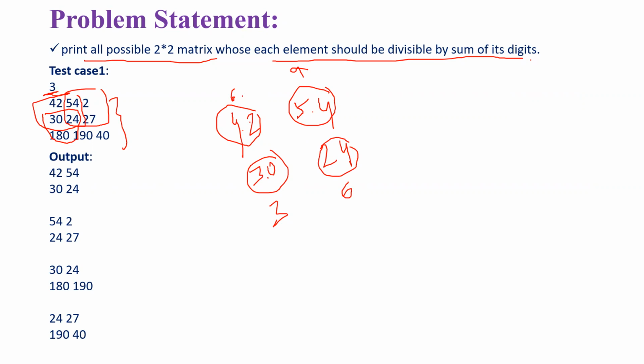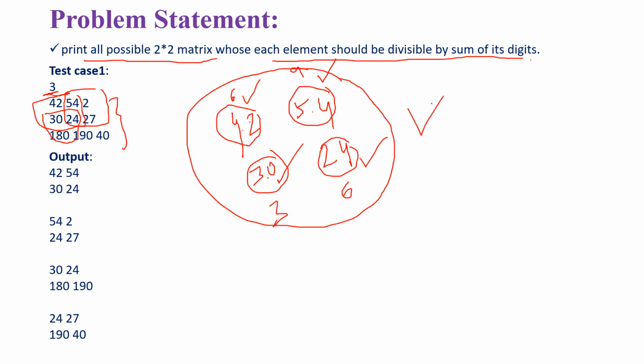Means 42 is divisible by 6, yes. 54 is divisible by 9, yes. 30 is divisible by 3, yes. 24 is divisible by 6, yes. So all the elements are divisible by their sum of digits. In that case, I need to print that 2 by 2 matrix as output. In that way, I need to generate all possible 2 by 2 matrices. Now let me show you how to do that.